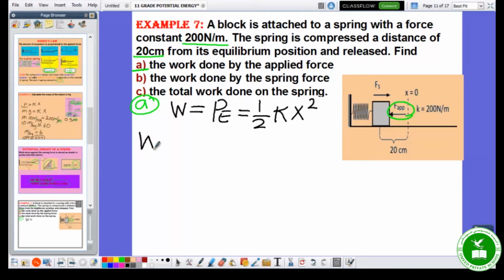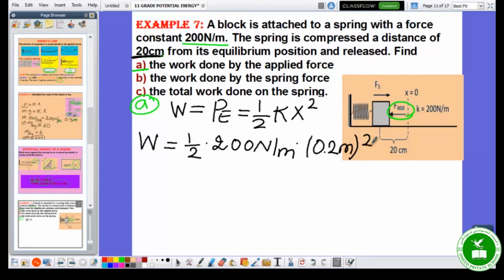From here, work done is equal to 1 over 2 into K, K is 200 Newton per meter, into x, here 20 centimeter, as you see. 20 centimeter means 0.2 meter, 0.2 meter square.